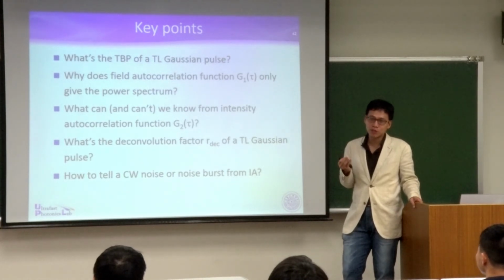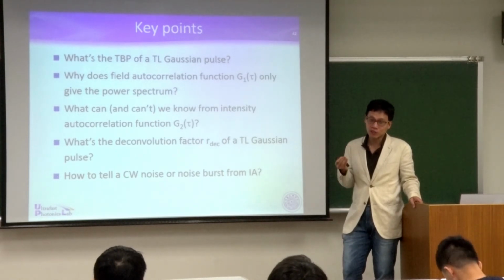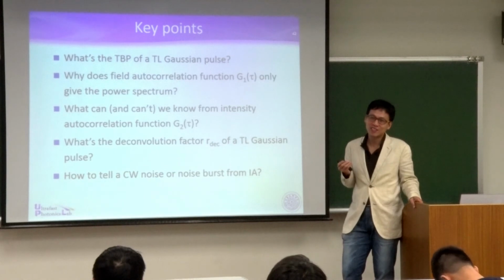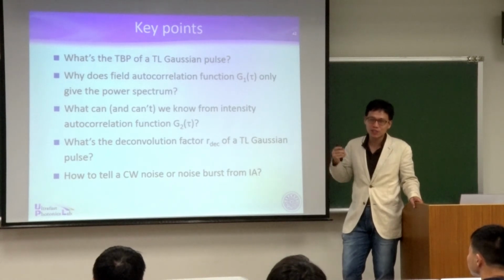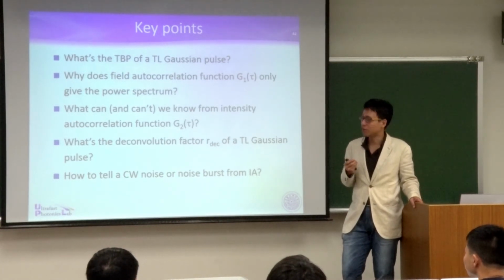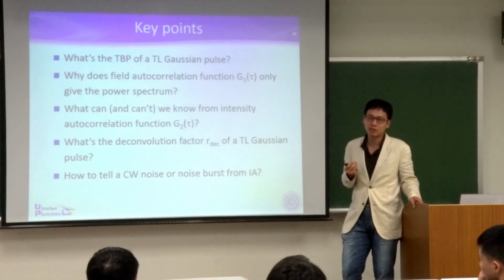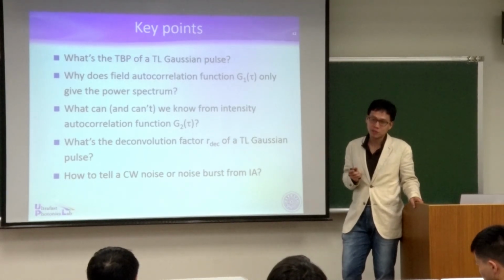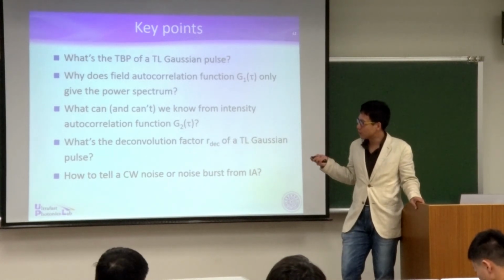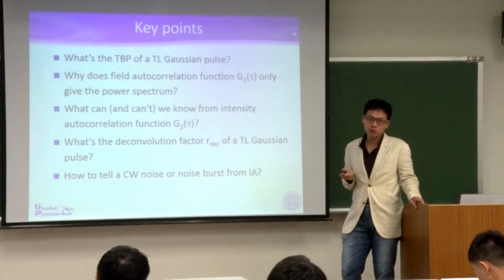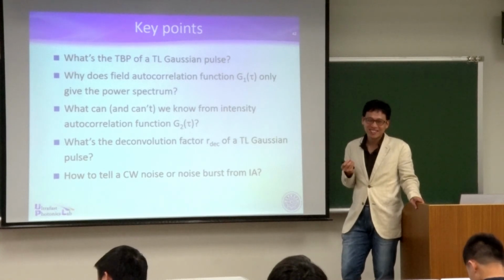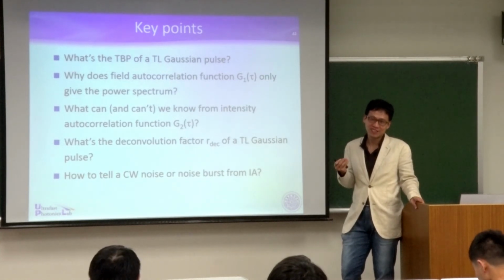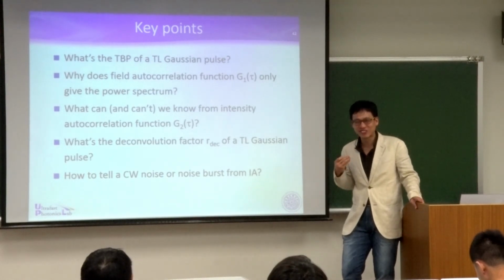Whenever you talk about I of t, you have already sacrificed 50% pulse information, the phase in the time domain. Plus, we only know its power spectrum, so we only have 50% of that piece of information. So that's why we have only a quarter of the pulse information at best from the G2 measurement. It looks very slim, but that quarter of pulse information is usually important because it's about pulse width. It's related to spectral phase, related to, but not equal to.